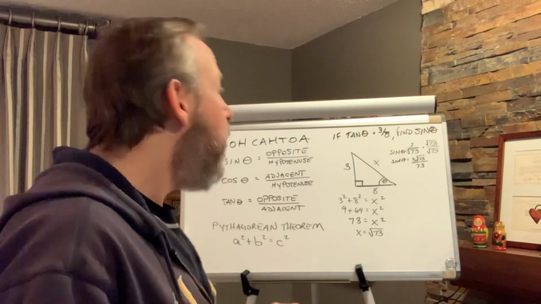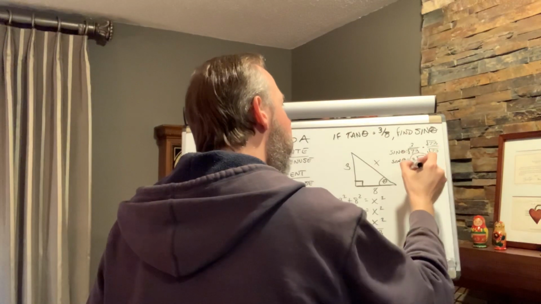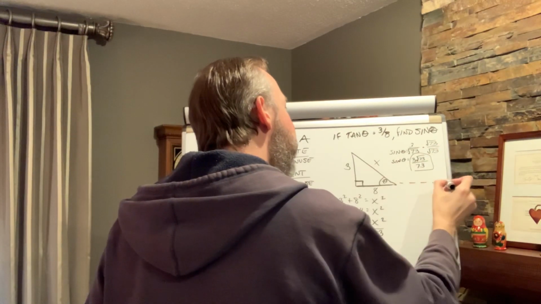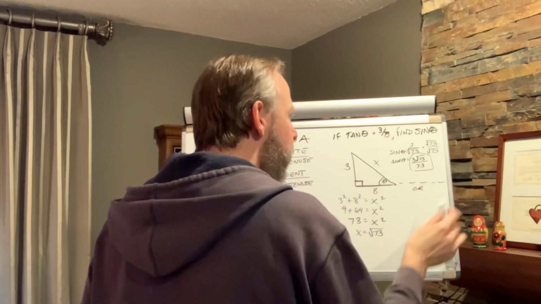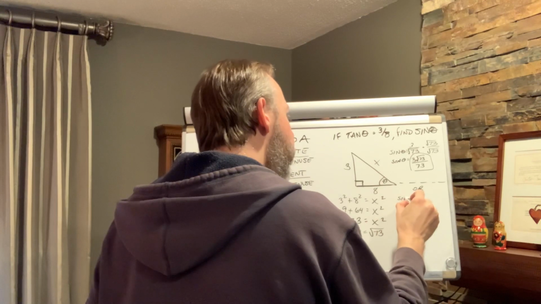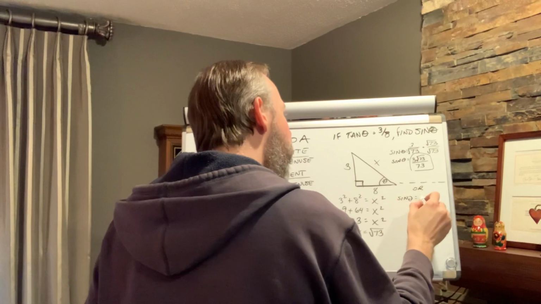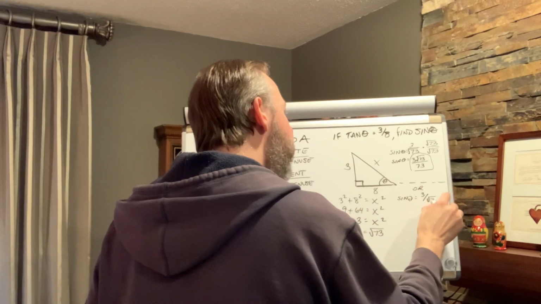All right. So if it were multiple choice, that would be the answer. But if it were grid in, we're getting the same answer. I'll go to the original one. It's simpler. So right now, we have the sine theta is 3 over radical 73.